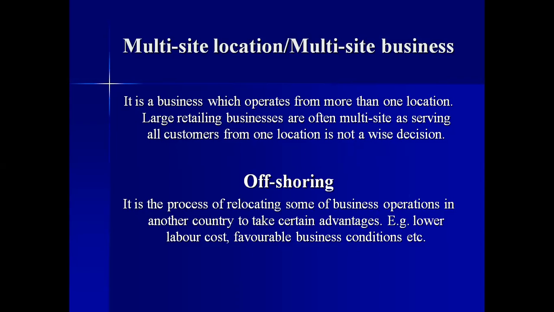So it means you do not completely relocate to that country, but you shift some of your activities over there just to get the advantage which is available in that country, and that is lower labor costs and favorable business conditions. We have discussed it, but offshoring is that you shift some of your business operations rather than moving the whole business over there. So we call it offshoring. This is quite easy. The name suggests it: offshore. Okay.